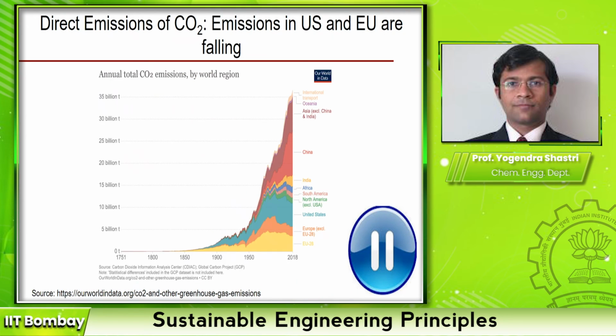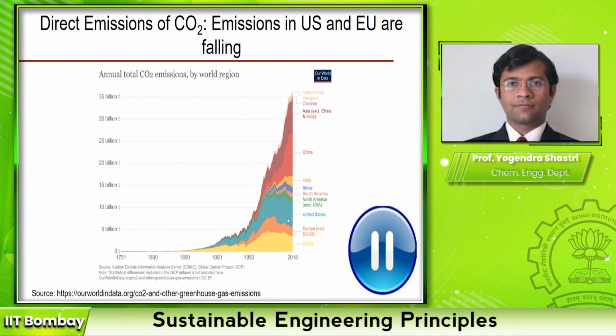This is another plot with very similar information, which is more recent. This gives you the contribution of different countries and regions to the total GHG emission, and this is for a longer horizon. And here again you see the same trend, that the European Union emissions, direct emissions, have gone down in the last 15 to 20 years.